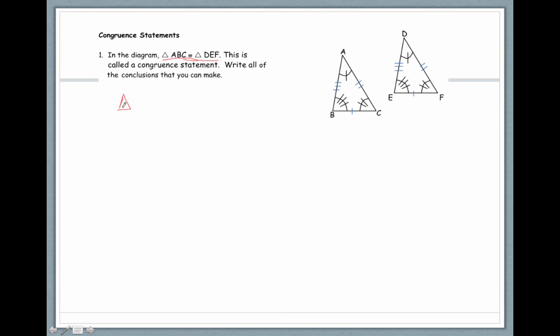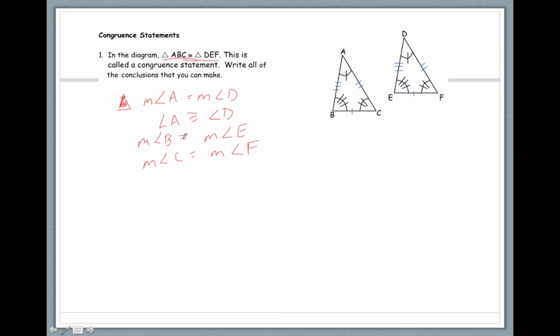ABC is congruent to DEF. So what we can say is the measure of angle A equals the measure of angle D, which is that angle A is congruent to angle D. The measure of angle B is the same as the measure of angle E. The measure of C is the measure of F. And this wasn't written arbitrarily here because A and D are both listed first, they are equal.